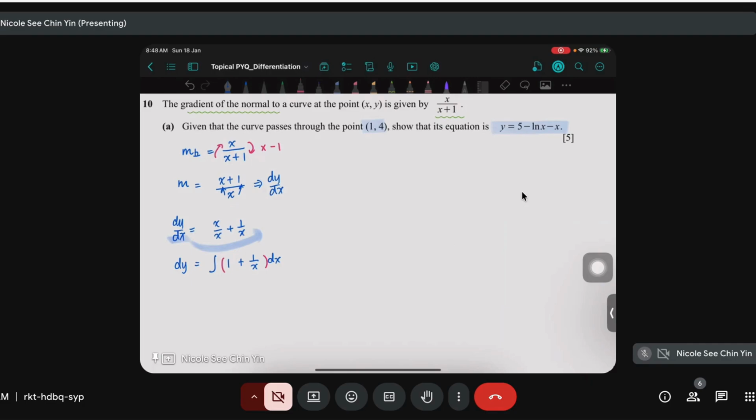Before I start integration, I will tell you the story first. When you have y, we differentiate, you will get dy/dx. When I have dy/dx and I want to know the original, what I need to do is integrate. So integration we also call reverse differentiation.